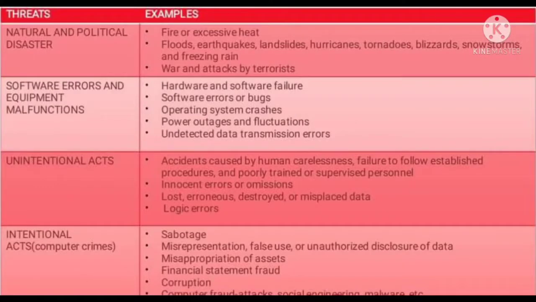We have four types of accounting information system threats that a company faces today. First is the natural and political disaster. Natural and political disasters such as fire, floods, earthquake, hurricane, tornadoes, blizzards, wars, and attack by a terrorist can destroy an information system and cause many companies to fail.